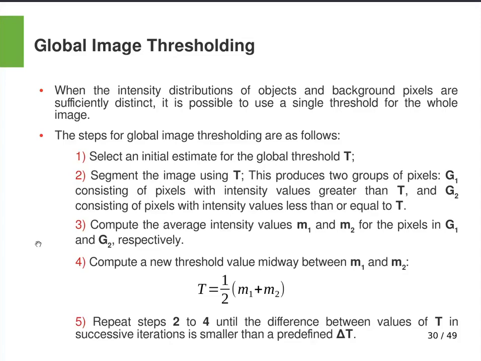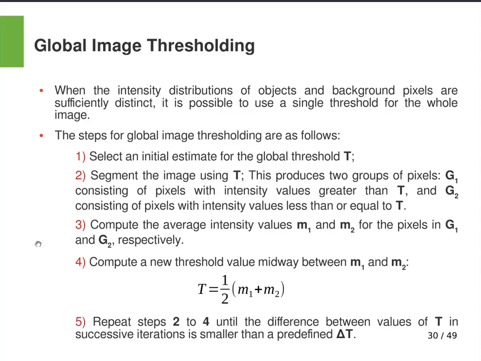As you can see, the global image thresholding method is very straightforward. You start with an initial estimate for the global threshold, you do the thresholding, you end up with two groups of pixels, you calculate the average for each one of these two, and then you take the average of the averages to calculate the new threshold, and you repeat the process.